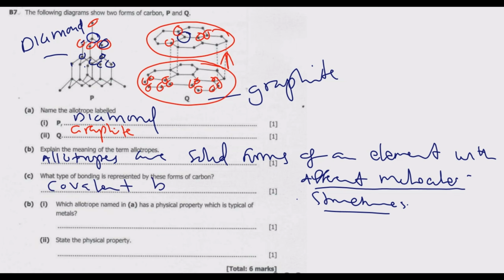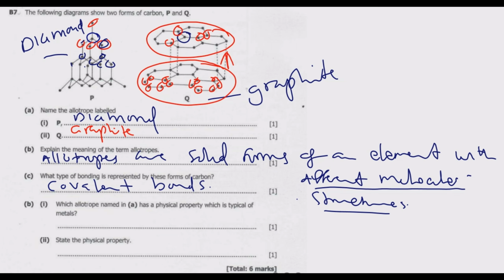So covalent bonds. Make sure to understand the three types of bonds that exist, which are covalent bonding, ionic bonding, and metallic bonding. So make sure to revise those clearly.